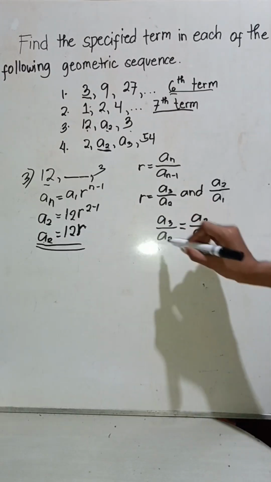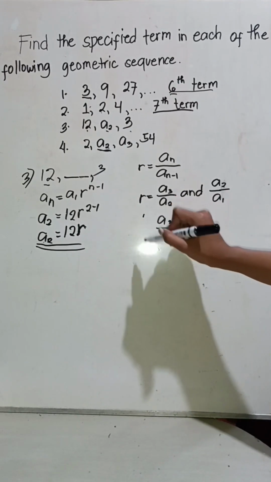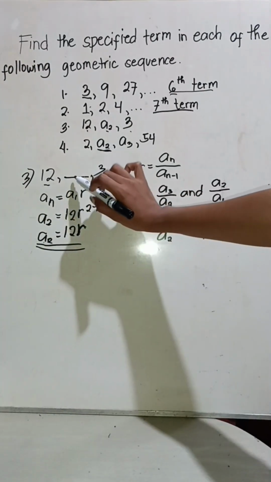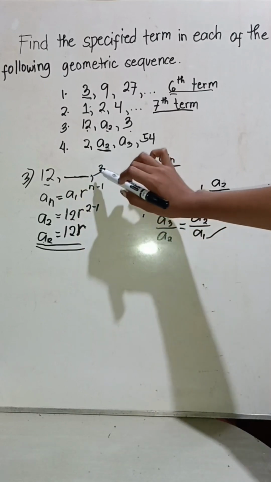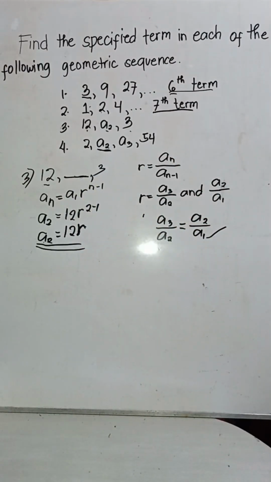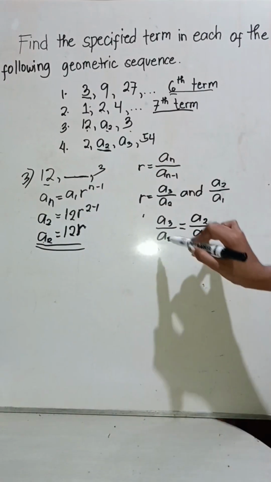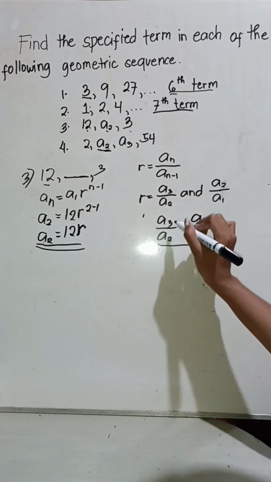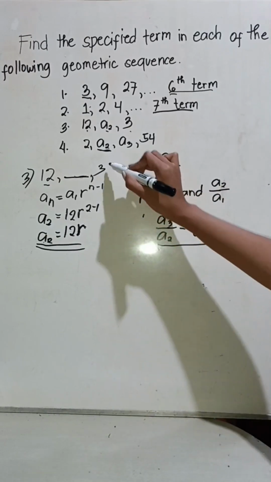Kani siya. Let us go back to our problem. We have 12. Ato pangitaon ang second term. Next term is 3. The first term is 12 and the last term is 3. Now, let us substitute the given numbers in this formula. a sub 3 or the third term nato is 3.